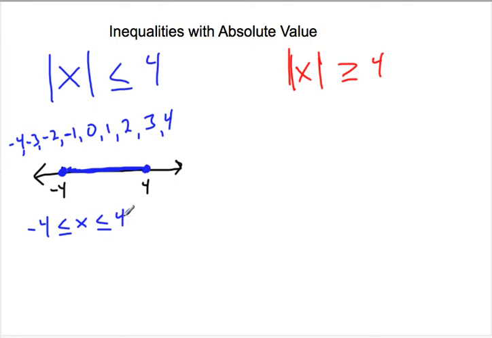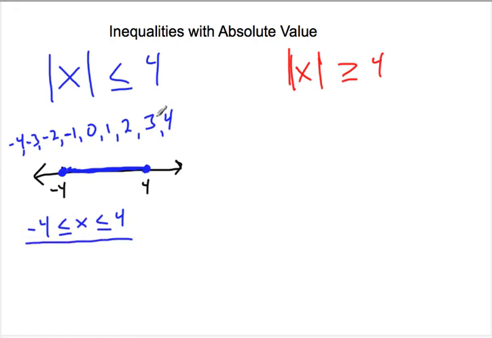Okay, so we're starting to combine all the different concepts we've been learning in all these videos. So anytime you have the absolute value of something being less than or equal to, it's always going to be an AND statement, a conjunction, one of these types of statements here.